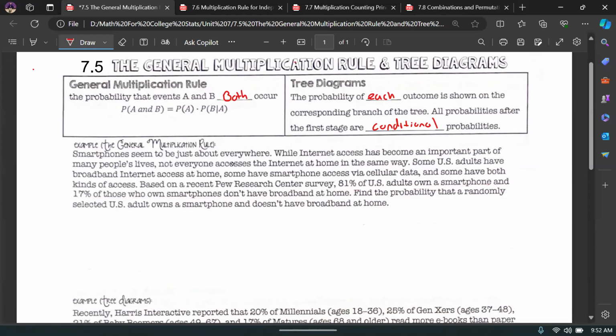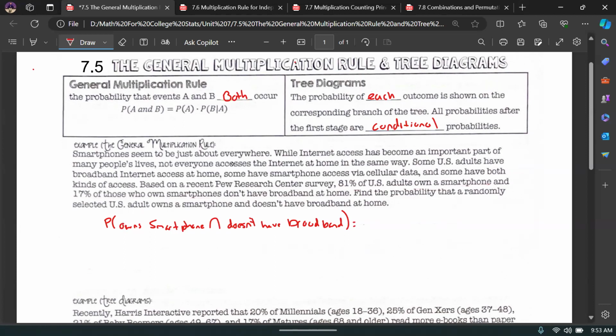So we're looking for the probability someone owns a smartphone. This is tricky. And what does it say? Doesn't have broadband at home. So doesn't have broadband, right?